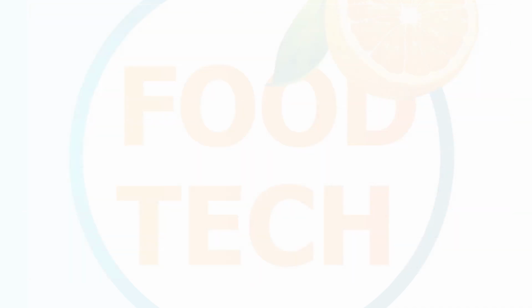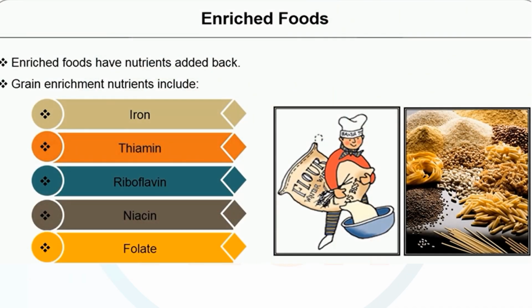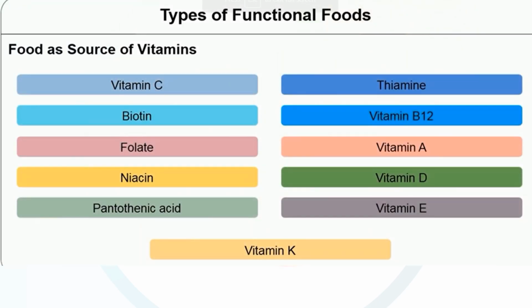And enriched foods are enriched with minerals, and they help to add back the nutrients which are lost during any processing time. And these are functional food examples.